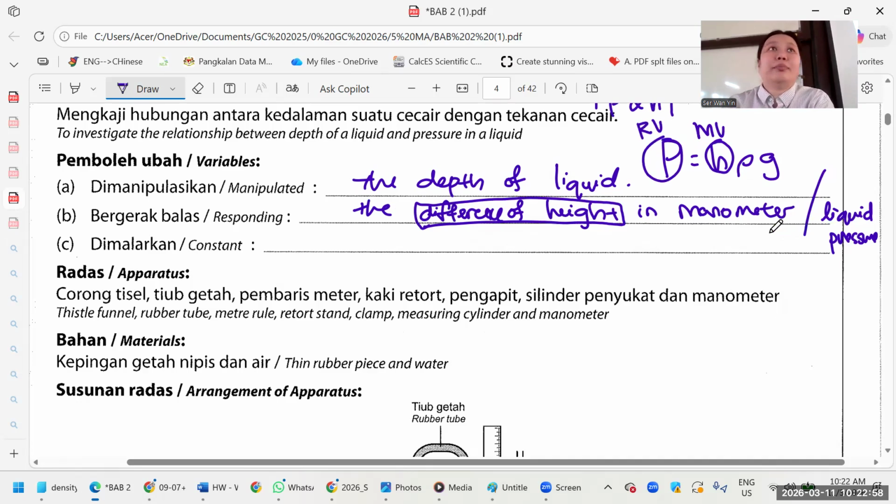G is normally constant, so we normally don't mention it because altitude is always the same. So we say the rho. What is rho? Yeah, the density of liquid.